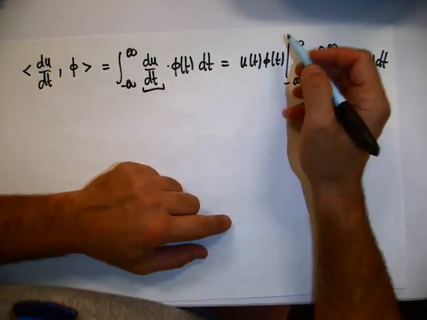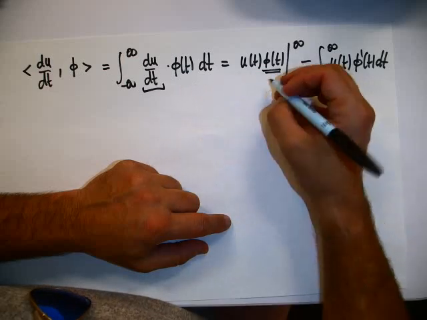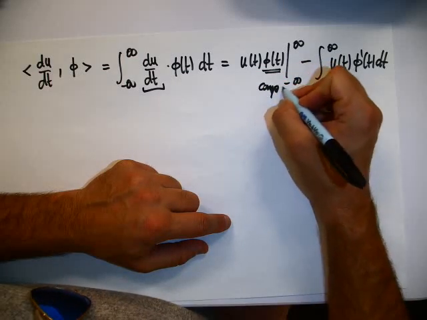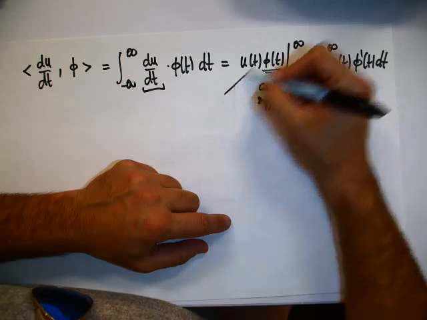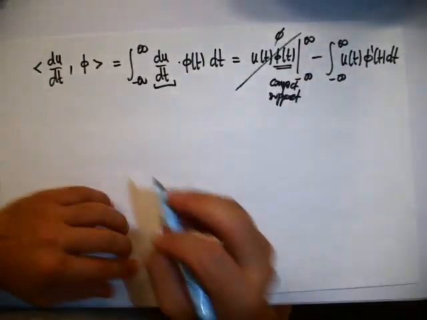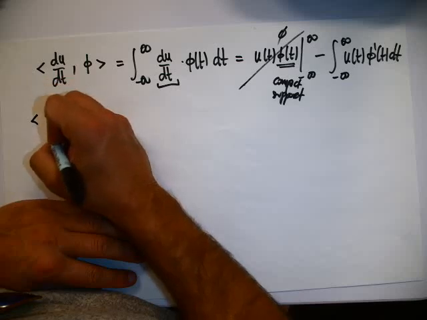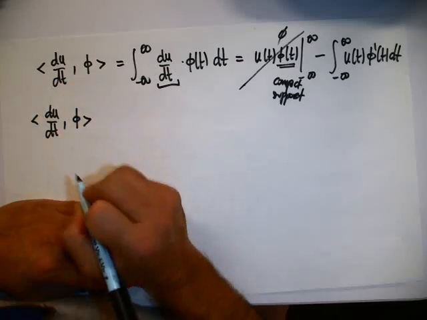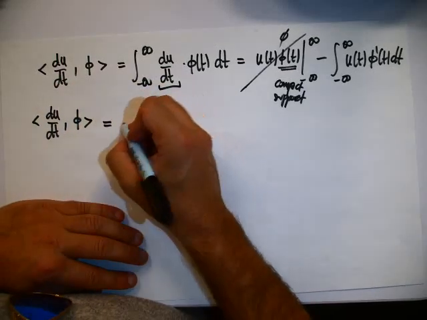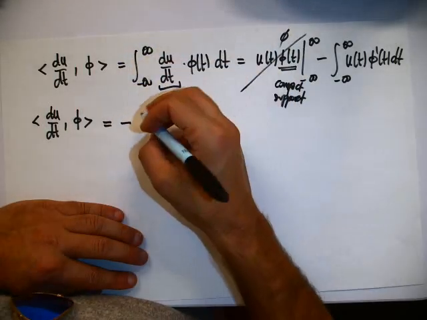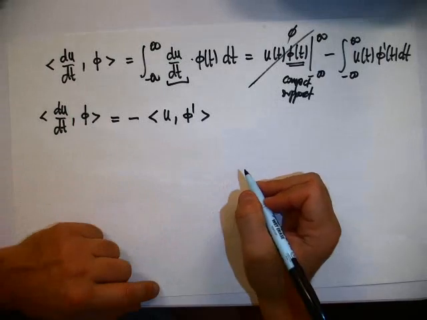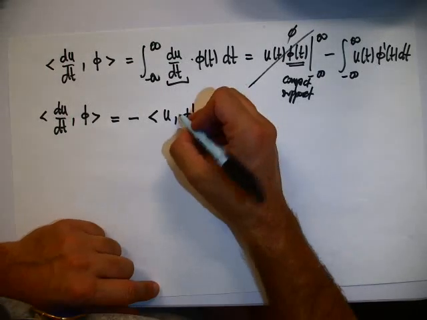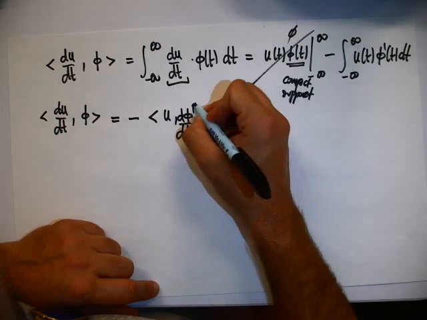But because the test function phi is defined on a compact support, this term disappears, it is 0. So we have that u'(t) comma phi is equal to minus u comma phi prime, or we can call it phi'(t), just to keep the notation.